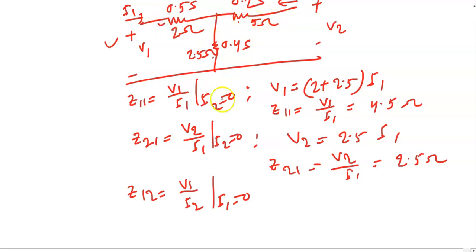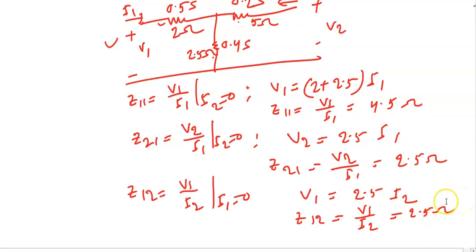So you can easily see that whatever current flows through the 2.5 ohm resistor is equal to your V1, so 2.5, and you have already connected a current source of I2. So G12 is equal to V1 upon I2, which is 2.5 ohm, right?